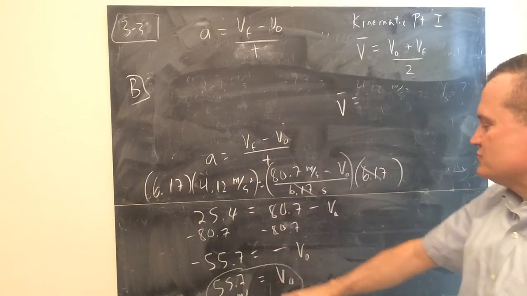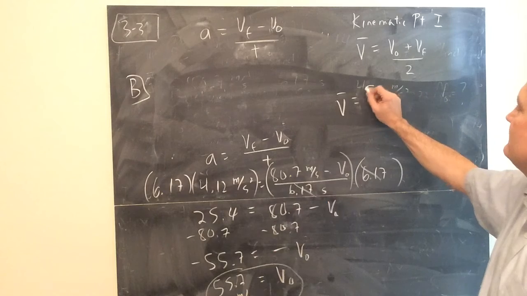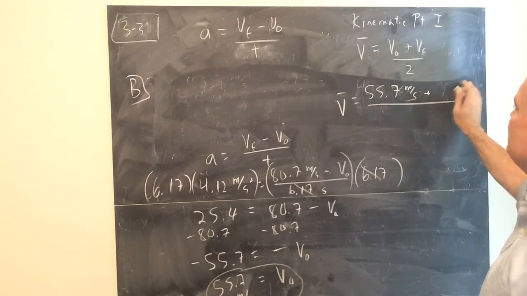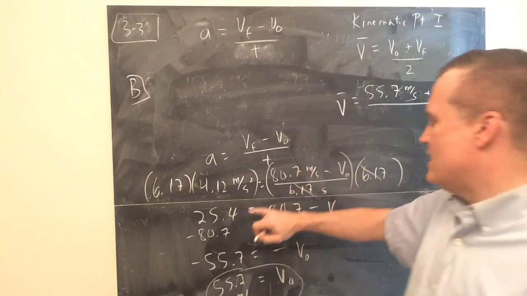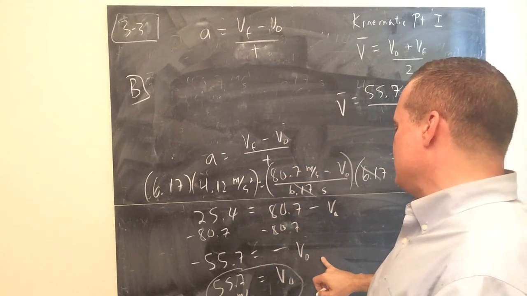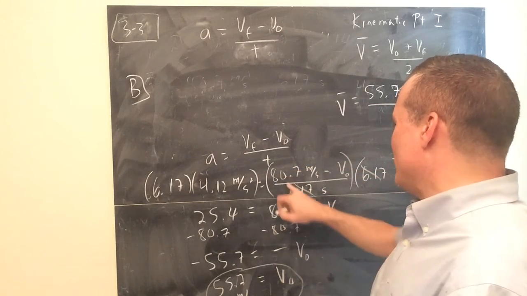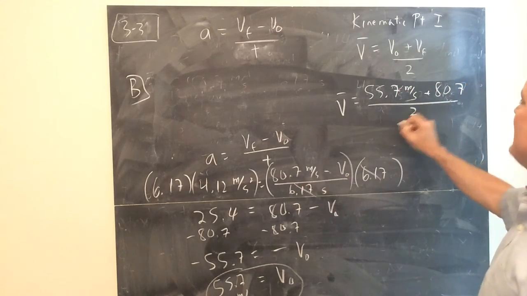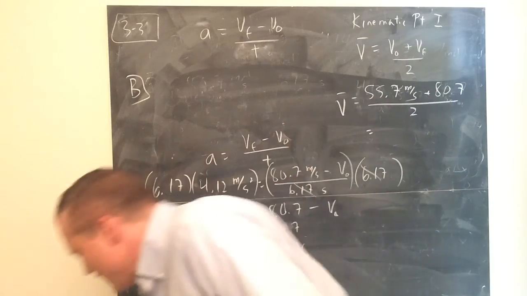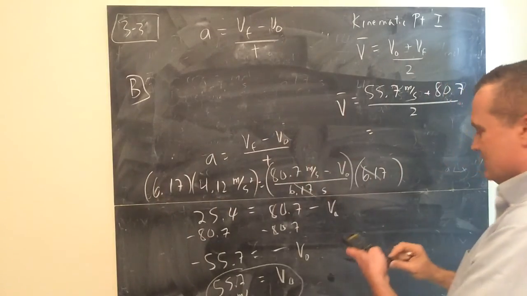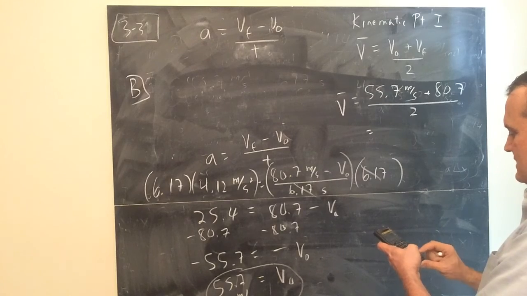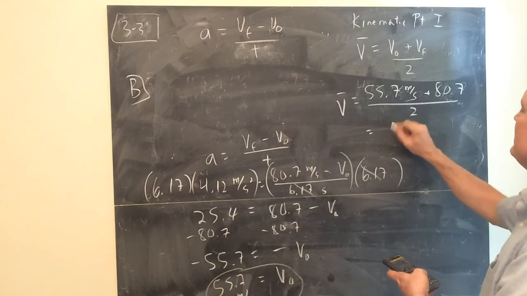So if your initial was 55.7 meters per second, and your final velocity is, let's see, what was it again? Oh, 80.7. Then I just divide that by 2. It says your average during that period, 55.7 plus 80.7 divided by 2, is 68.2.